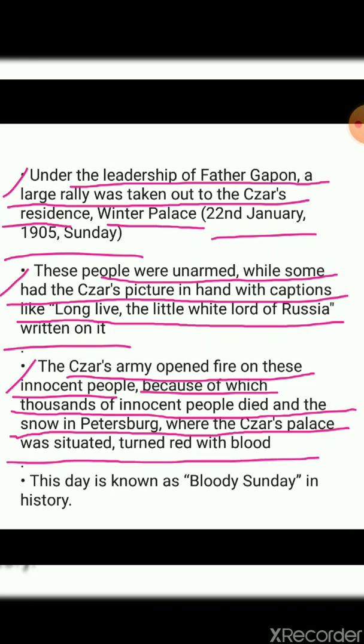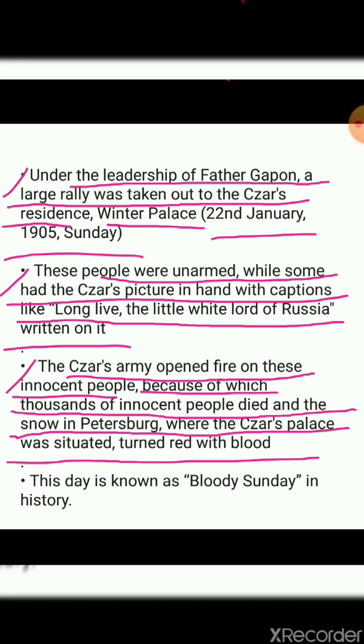Now what they're saying is that when these people took the rally towards the white Winter Palace of the Caesar's residence, and they held the captions saying long live the little white lord of Russia, the Caesar's army opened fire on these innocent people. They were just opposing it. They did not have any weapons with them to oppose.